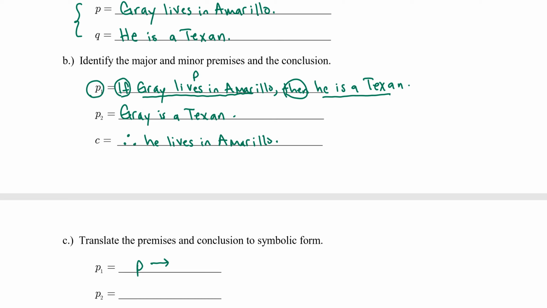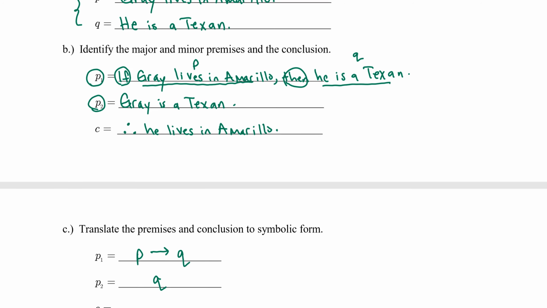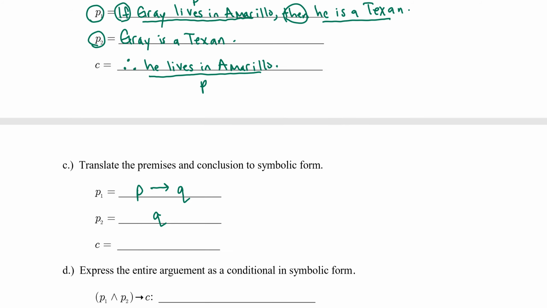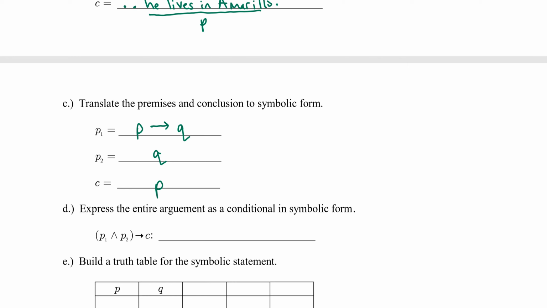And the conclusion, he is a Texan. So our major premise is a conditional. Our minor premise says Gray is a Texan. Well, that's a very simple restatement of Q. And finally, therefore, he lives in Amarillo. That is a restatement of our simple statement P.